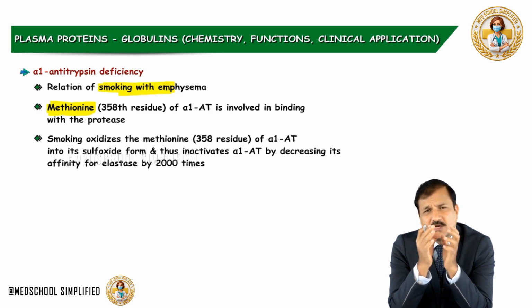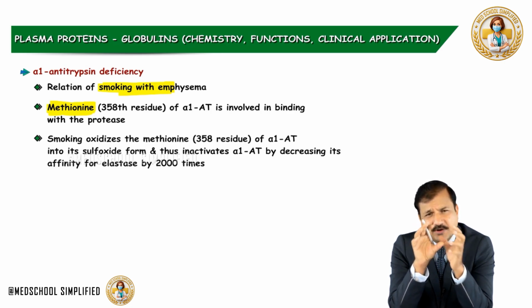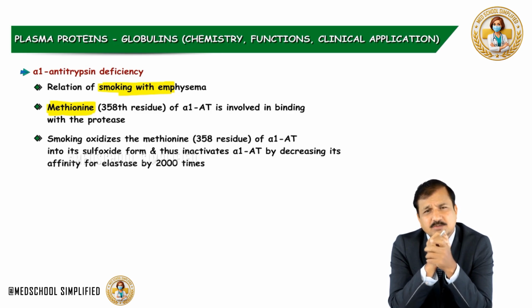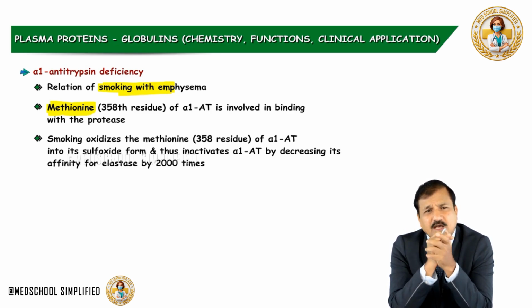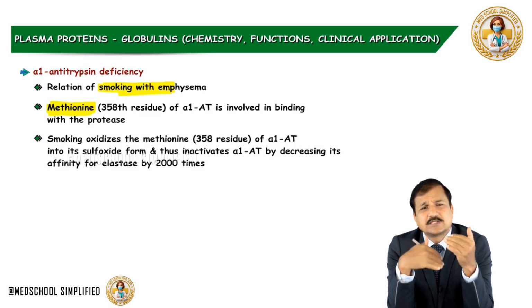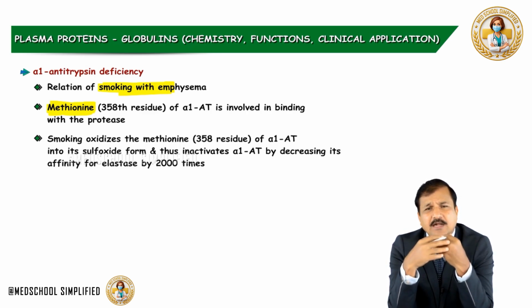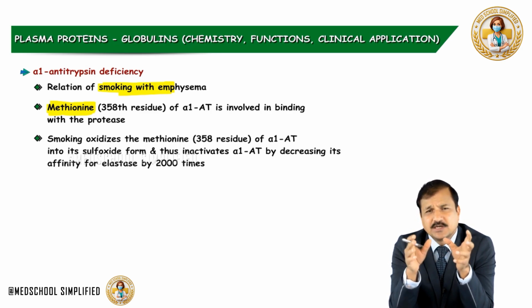So what happens with the cigarette smoke is, the free radicals that are present in the cigarette smoke are going to oxidize a methionine residue present in alpha-1 antitrypsin into sulfoxide form, and that inactivates the alpha-1 antitrypsin enzyme's function.